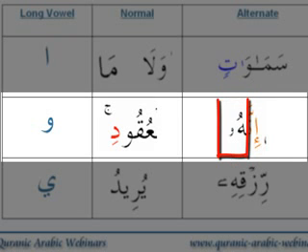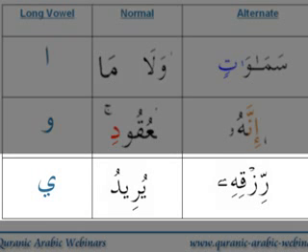And what they've done here, we've got the ha with the dhamma, and the little wow that you see here is written so small in the, well, this is actually the Uthmani script. It's written so small it looks like a little sort of, you could call it like a comma in a way. However, it is actually the long vowel wow, but it's drawn very small. So that last one there is hu, too long. It's an alternate way of writing the long vowel wow.